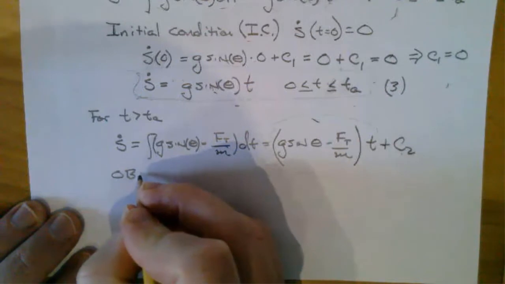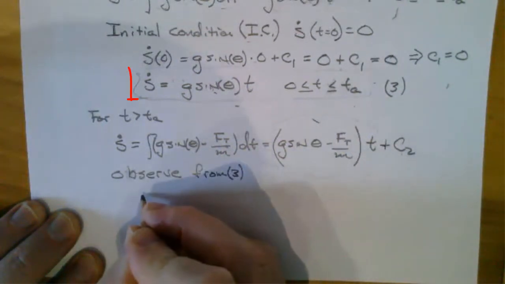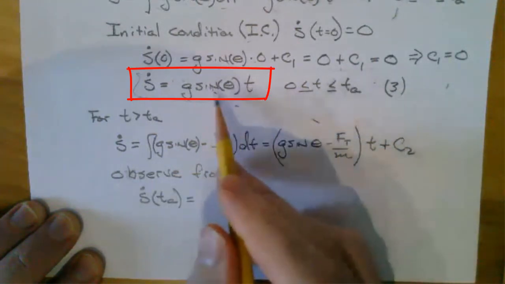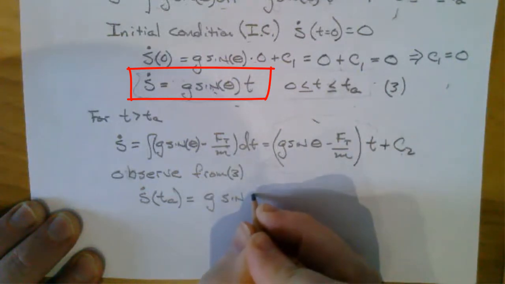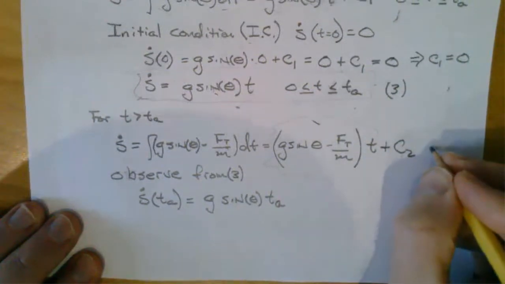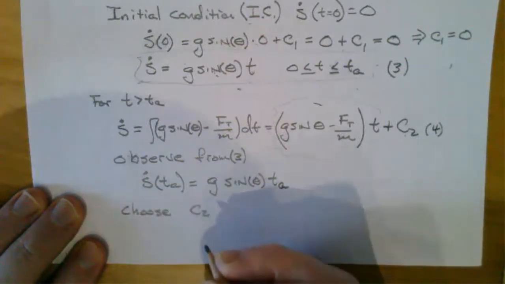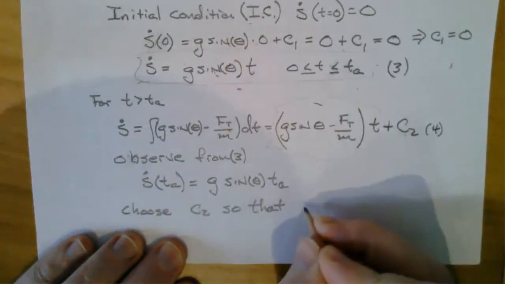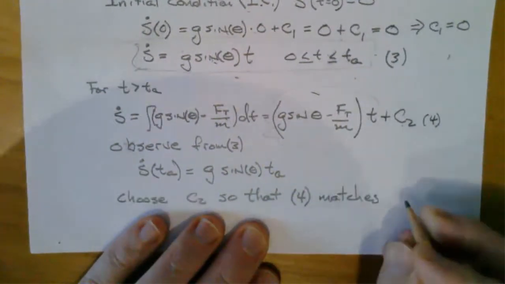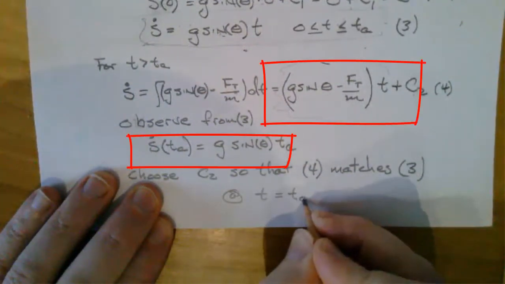I should call this one maybe equation number 3. So I'll say observe from 3, we got s dot at ta is equal to just g sine theta ta. And now let me get this in equation number 4. So we'll choose C2 so that equation number 4 matches 3 at t equals ta.